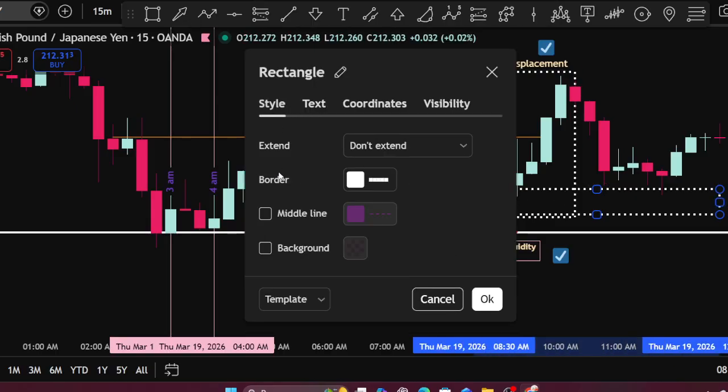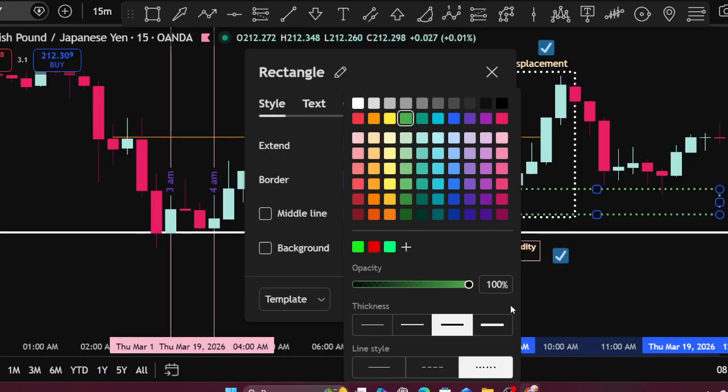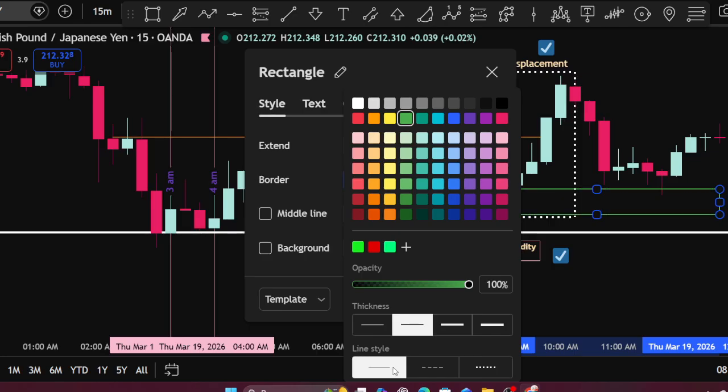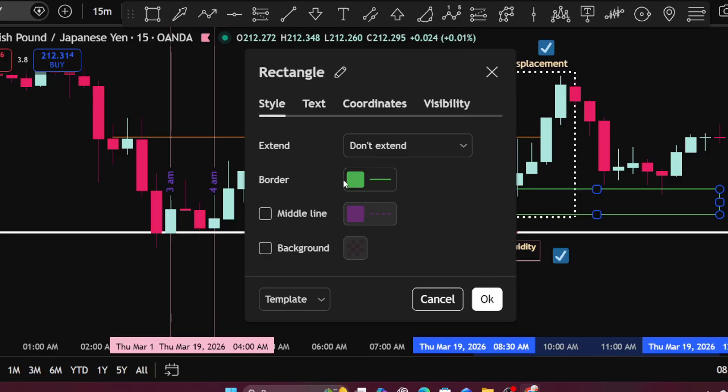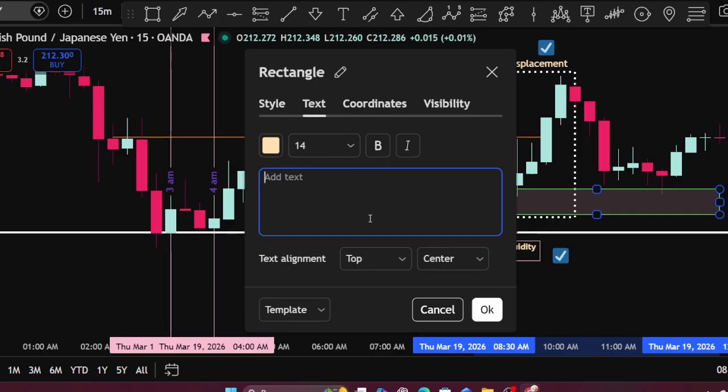I'm going to change that color to green so you know I will be entering, and I'm also putting a little background so you can see it a little bit better. So this is what I'm calling my order block.